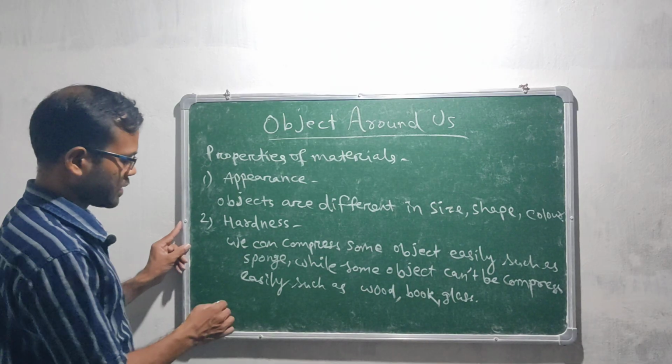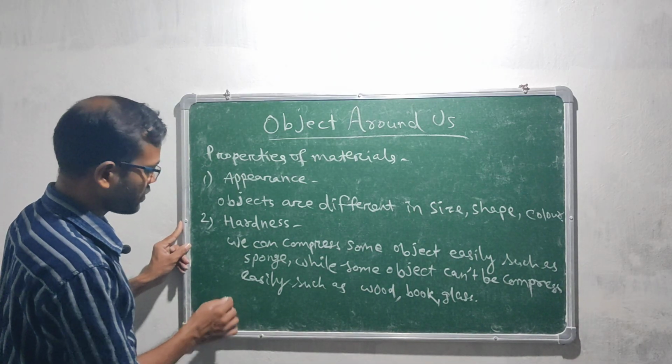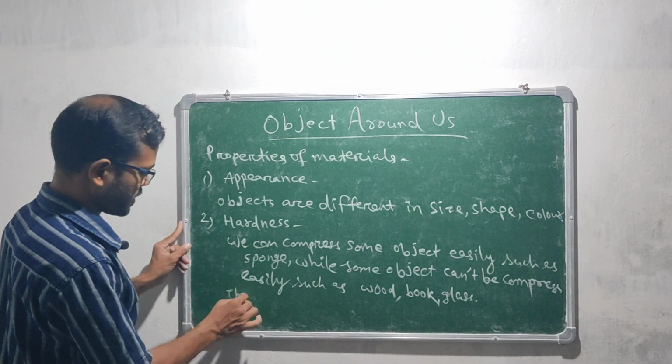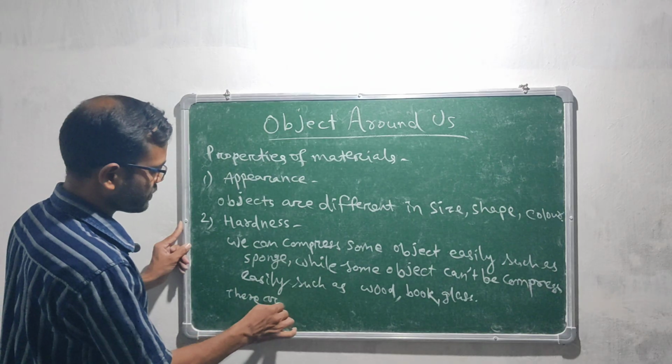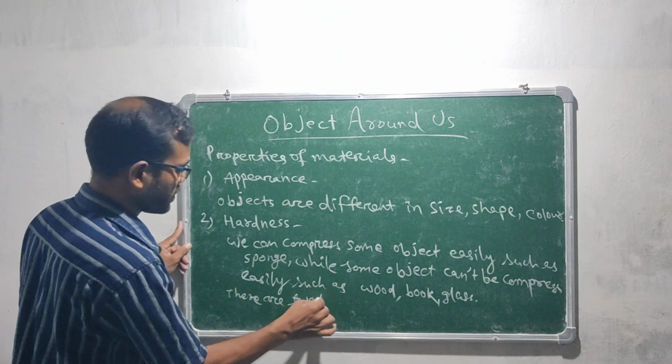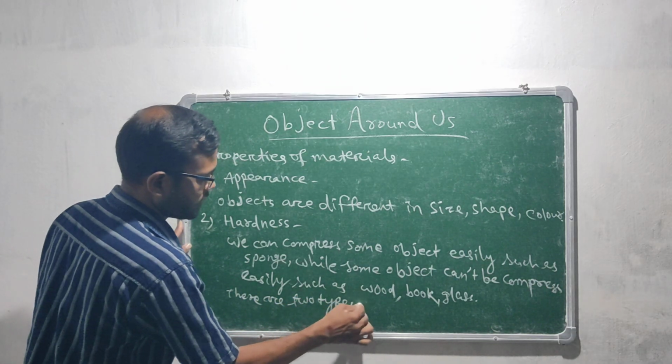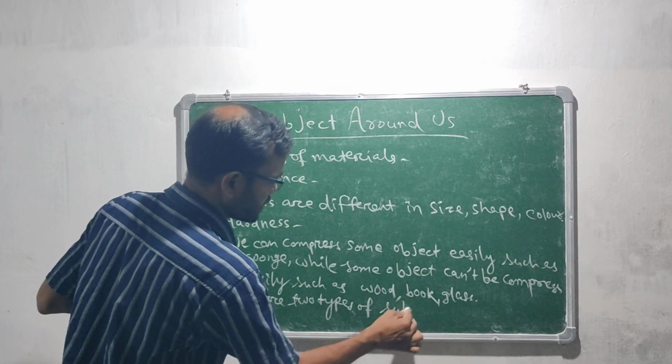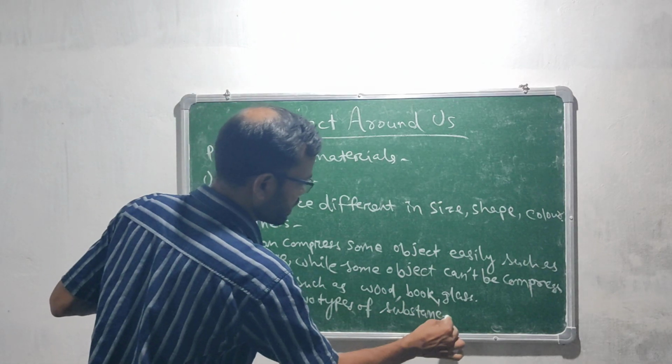So we can say there are two types of substances, and what are they?